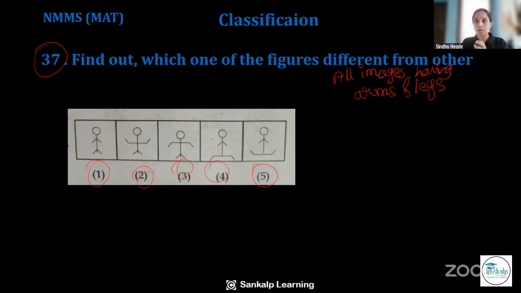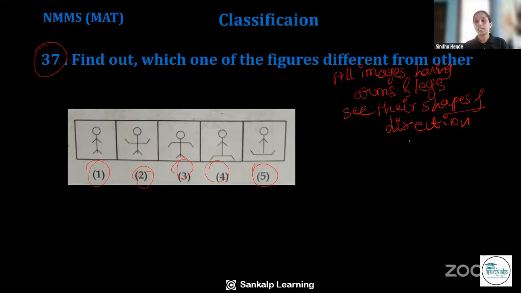That person contains arms and legs, and we look at their shapes and direction. On the basis of those shapes and direction, we can differentiate which figure is different from the rest.